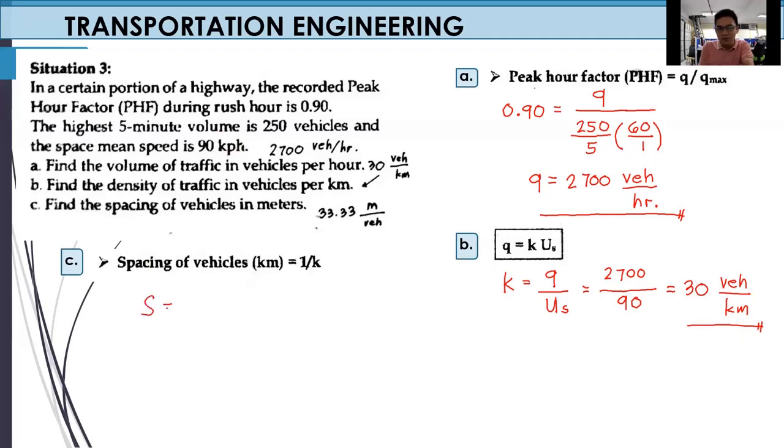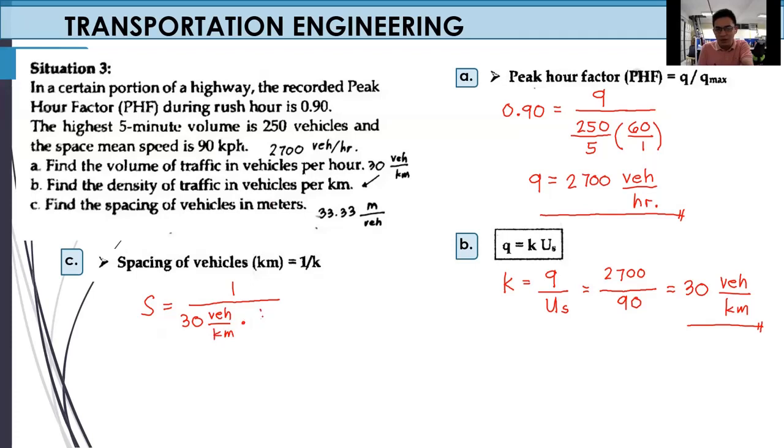But for our solution, no, ipapakita natin yung ating solving. So 1 divided by K. Ang K natin is 30 kasi hinihingi na is in meters. Then in kilometers to. So we need to convert that one. Then tapos na tayo, no? So vehicles per kilometer.